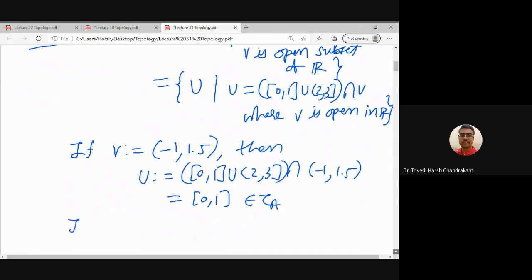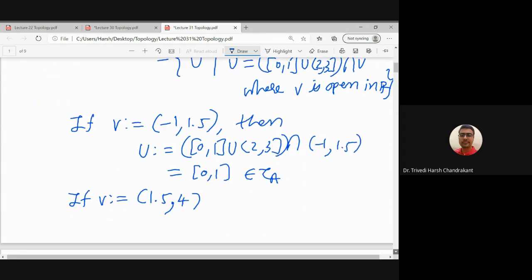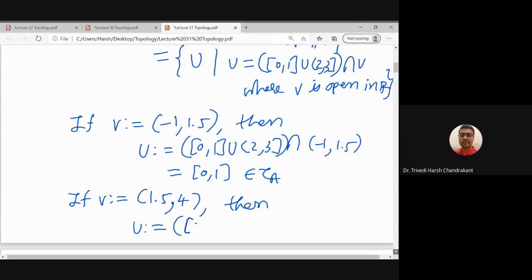Similarly, if we take V equal to an open interval around 2 3, let us say 1.5 to 4, this will contain the interval 2 3. So then the set we will get is 0 1 union 2 3 intersection this interval, 1.5 to 4.